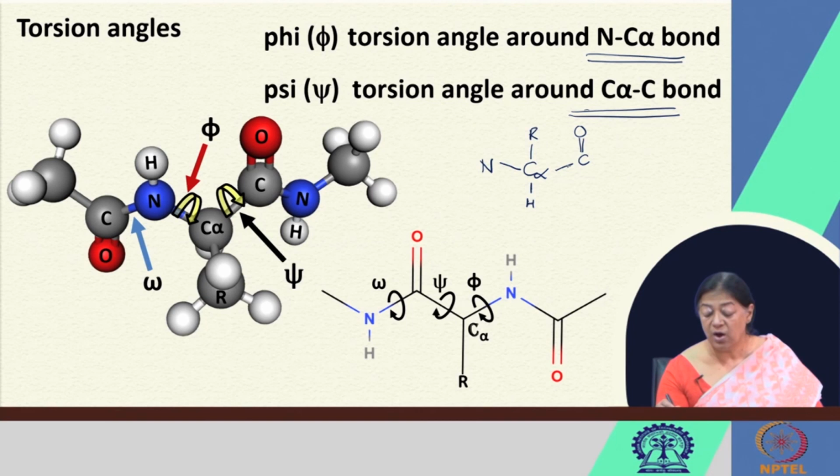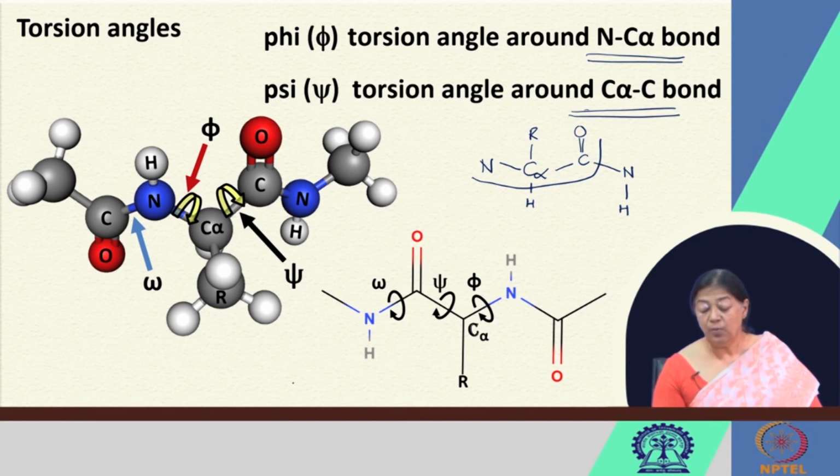The orientation is not particularly correct, but this is how we would consider our C double bond. So, the N C alpha C O, and the next N comes here, right. Now we have the rotation about the C alpha C bond, that is the psi angle.